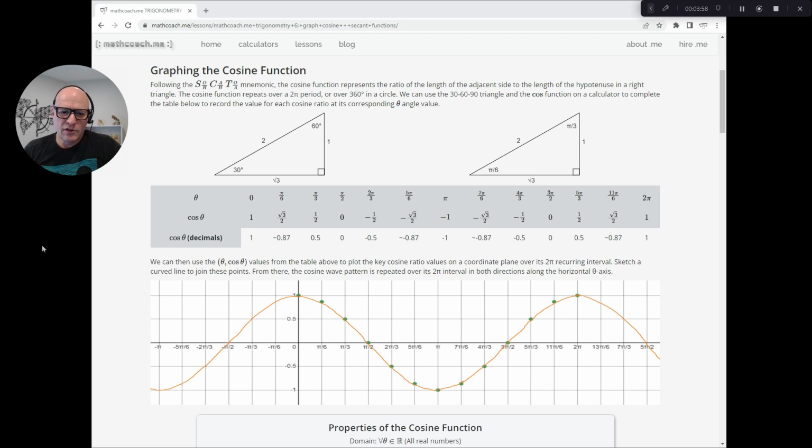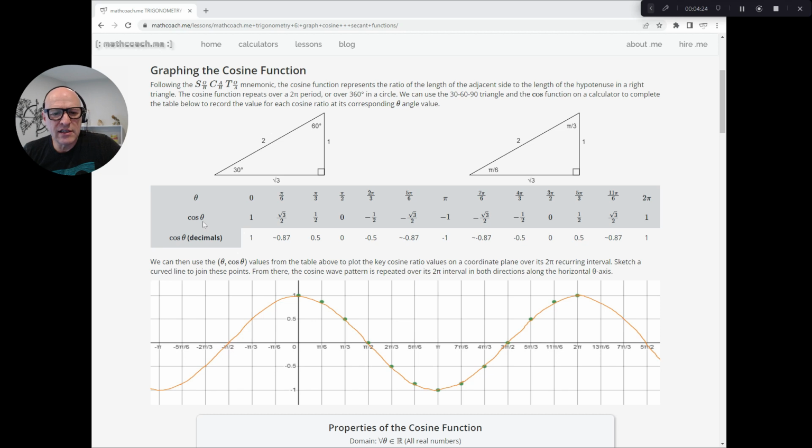So just like we did for the sine function, for your first graphing attempts, you can create a table like this with key angles, and I have angles at 30 degrees apart: 30, 60, 90, 120, 150, 180, and so on. I've put them in my table for theta values, and then the cosine values.